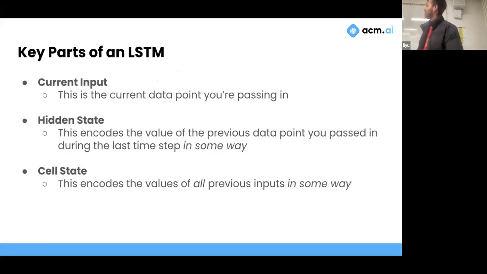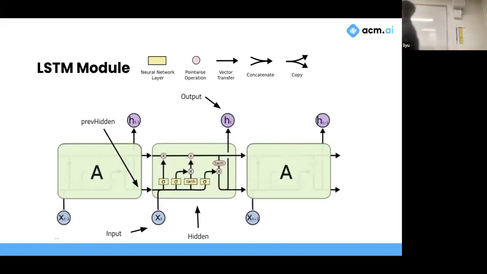So let's get into some of the key parts of LSTMs. First is the current input. This is just the current input to your sequential data, right? For example, "the quick brown fox jumped over the fence." "The" might be your initial input, and "quick" might be your next. Let's say "quick" is your current input. The previous input was "the."